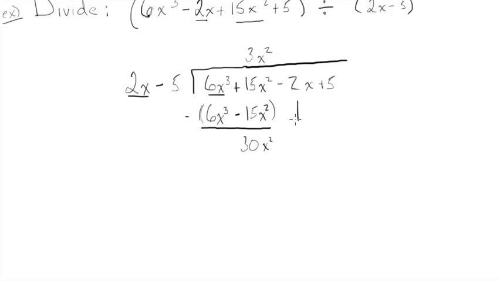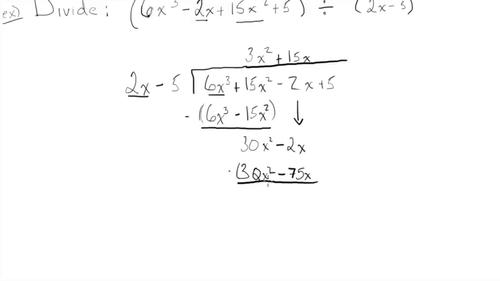And now you're going to bring down your next term. So minus 2x. What do you need to multiply this by to get this one? That would be plus 15x. 15x times 2x is 30x squared. So we write that underneath. 30x squared. 15x times negative 5 is negative 75x.